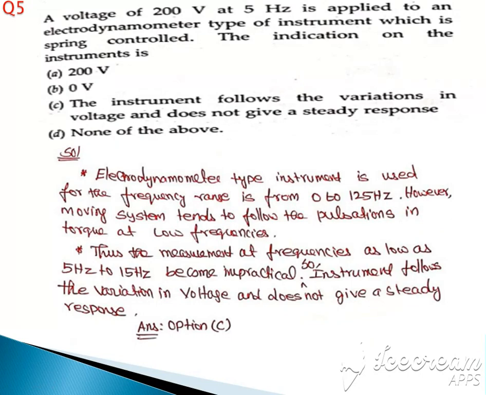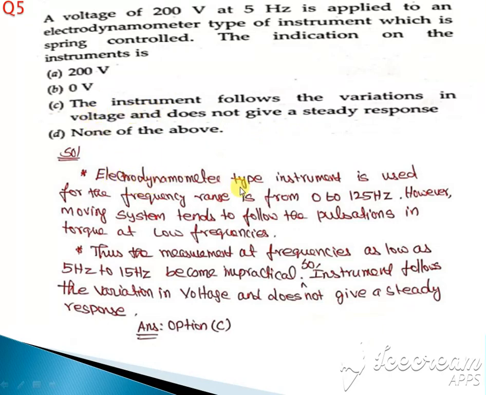Question number 5: a voltage of 200 volt at 5 Hz is applied to an electrodynamic type instrument which is spring controlled. The indication on the instrument is: option A, 200 volt; option B, 0 volt; option C, the instrument follows the variation in voltage and does not give any steady response; option D, none of the above.